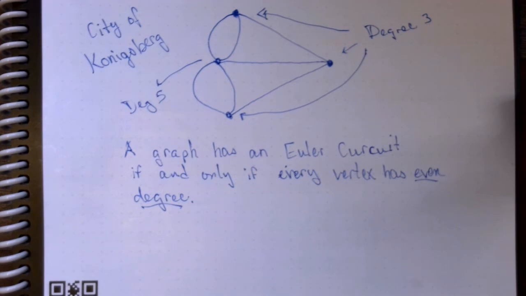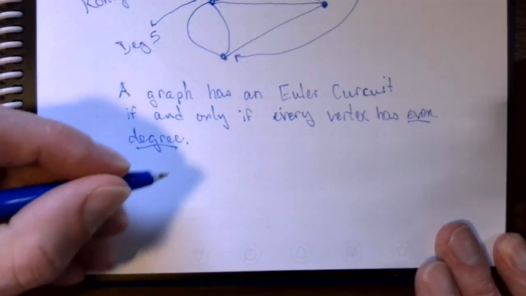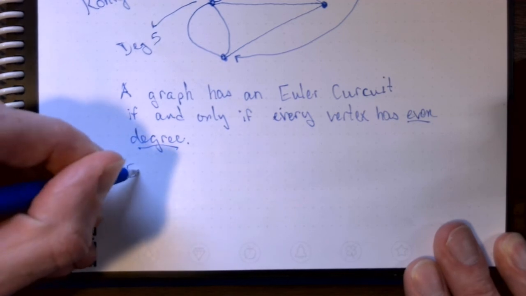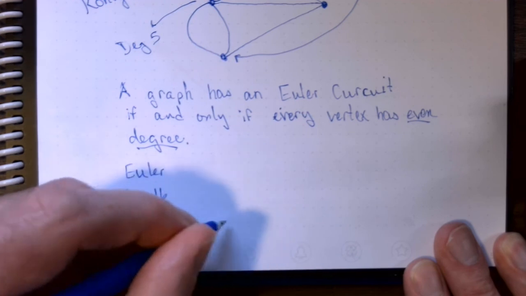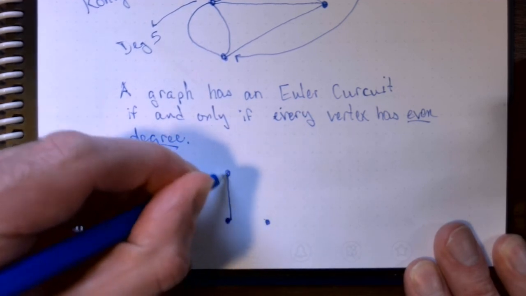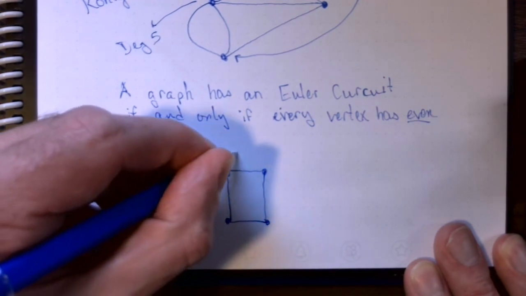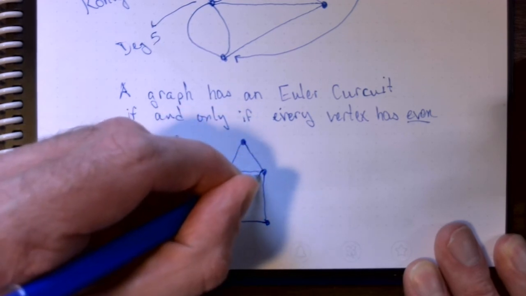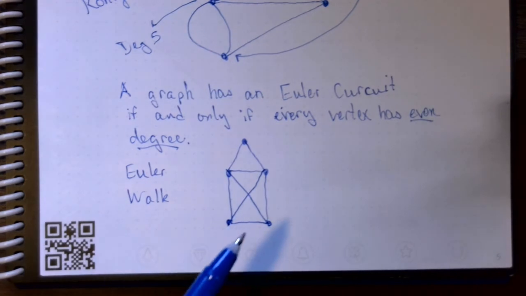Okay, now I would like to look at a related concept, and that is the concept of an Euler walk. Okay, so if you look at that picture that I drew when I introduced the idea of graph theory above, you might remember this.